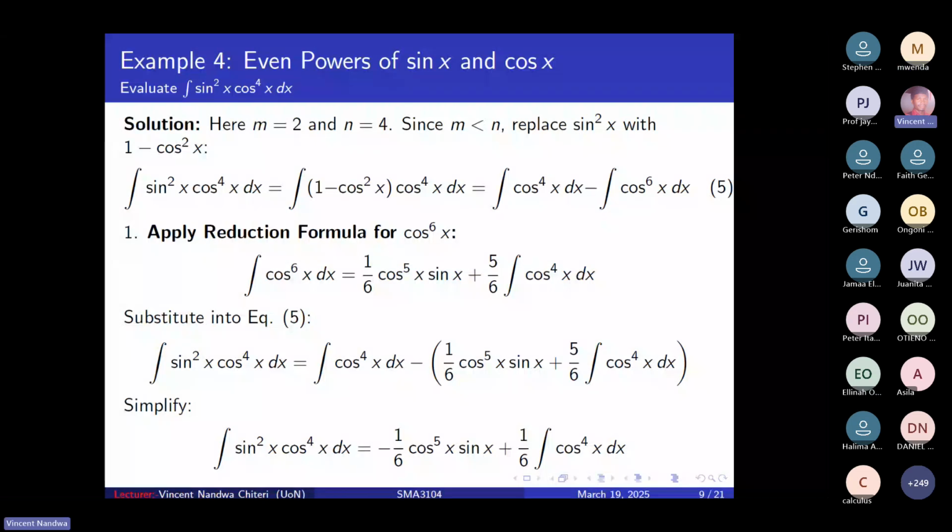So yes, it's true what you're saying, that sine squared can be written as 1 minus cos 2x over 2. But when it comes to the product of sine and cos involving both even numbers, we make use of the substitution 1 minus cos squared before we start evaluating the integral.